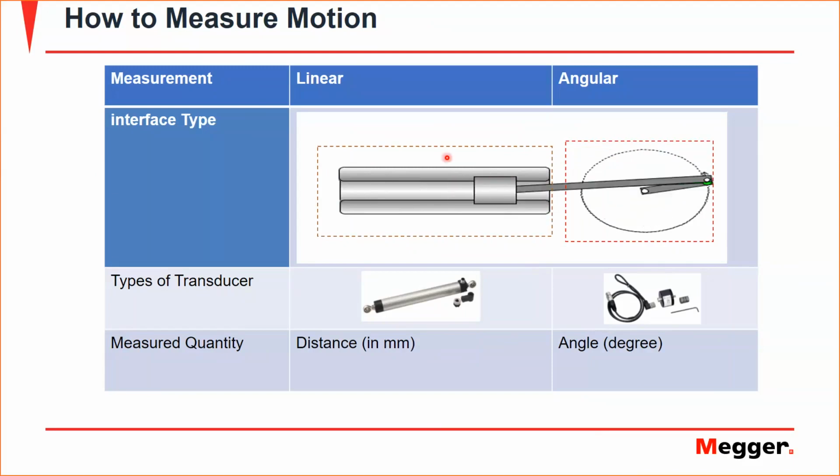Now, these types of motion, the linear motion or the angular motion, we capture them using something called a transducer. Basically, what this transducer does is that it measures this motion, usually attached to the mechanism of the breaker, and will capture this motion either in millimeters for linear motion or in degrees for angular motion, and report back to the test equipment during the operation.